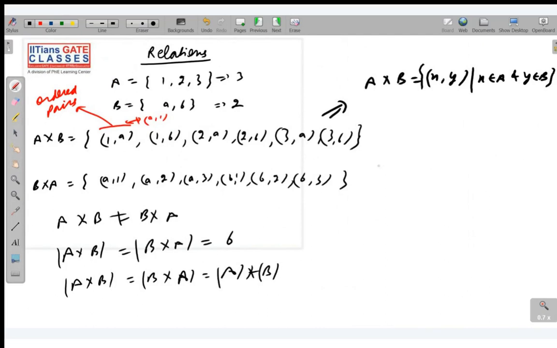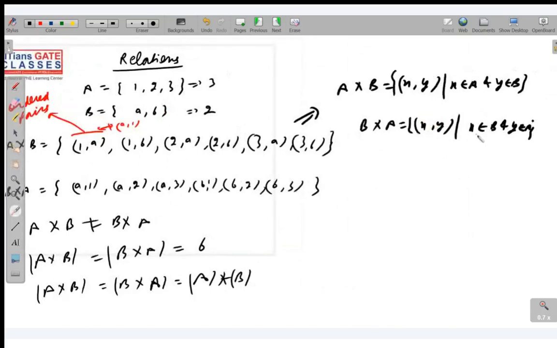Similarly, B cross A will be x, y but now x belongs to B and y belongs to A. Do not say, sir, they are equal. No, no, no. Here x belongs to B and y belongs to A, but there x belongs to A and y belongs to B. So this is the formal definition and nothing more than that.